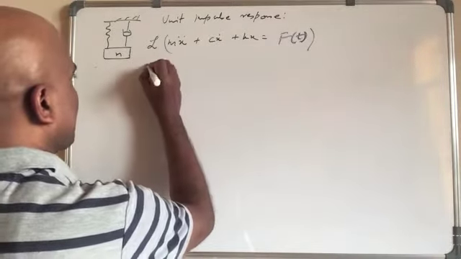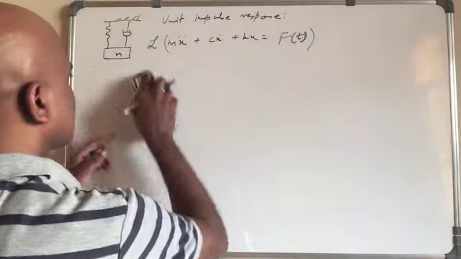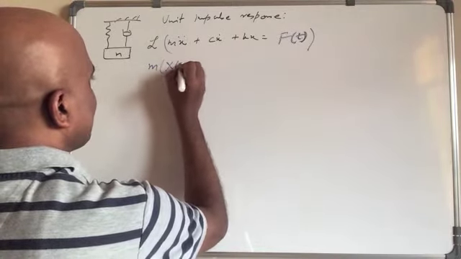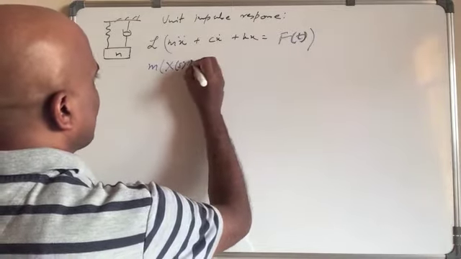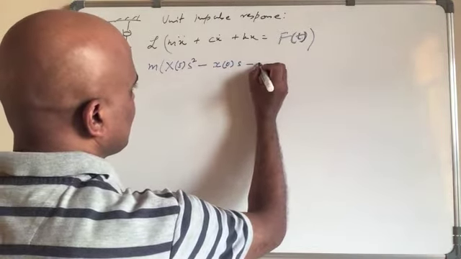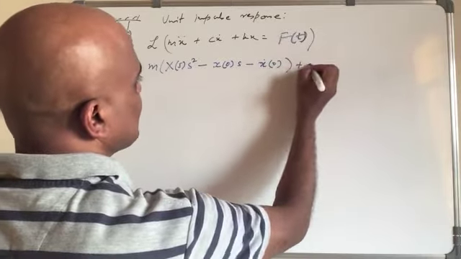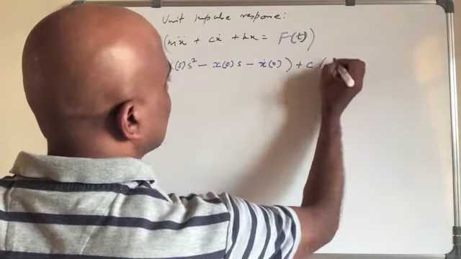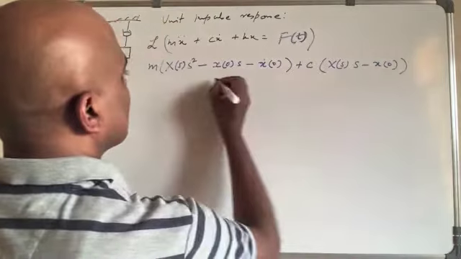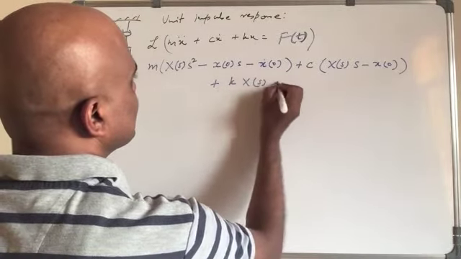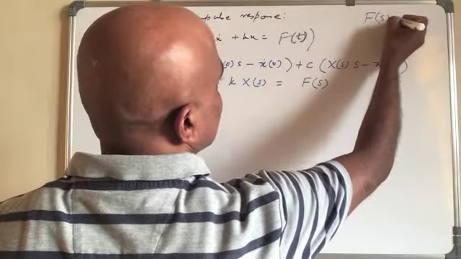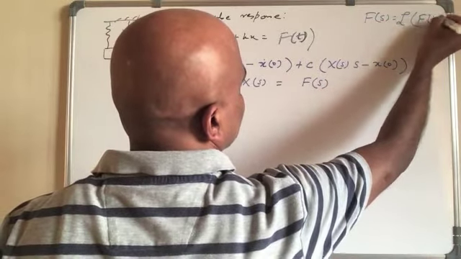We have m times (s square X(s) minus x0 s minus x dot 0) plus c times (s X(s) minus x0) plus k X(s) equal to F(s), where F(s) is the Laplace transform of the force function.